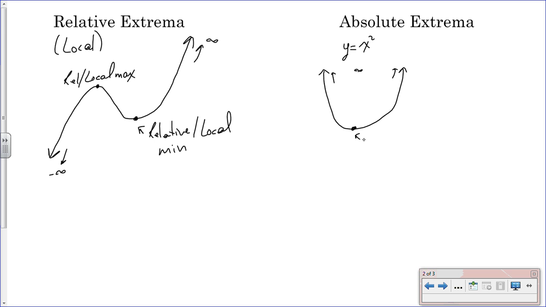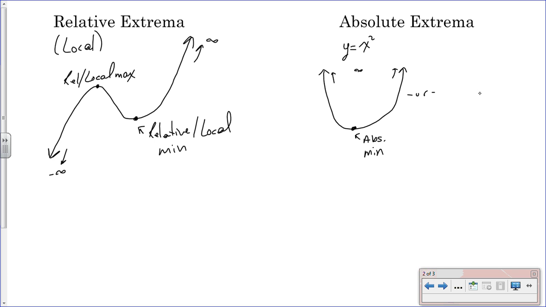So that would be an absolute min, meaning it is not going to get smaller than that. There's nothing going to get smaller. Like here, this is only a relative because we go up and then come back down. Whereas this, there's no part of this graph that will ever go below that min right there.